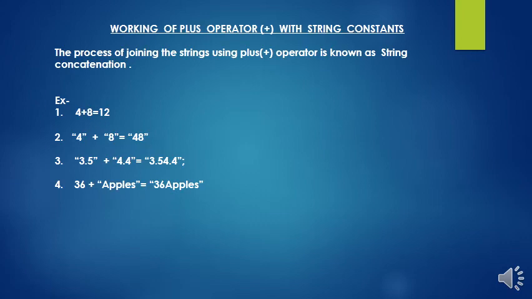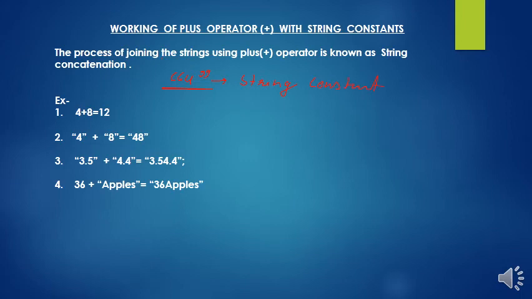When one or more characters are enclosed within double inverted commas, it is known as a string literal or a string constant. If 4 is written inside the double quotes, then 4 is a string constant or a string literal.